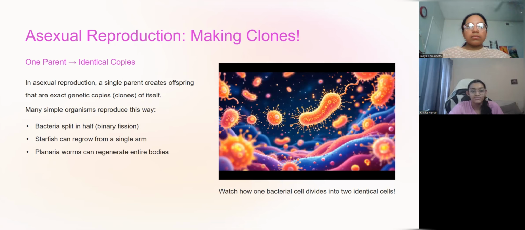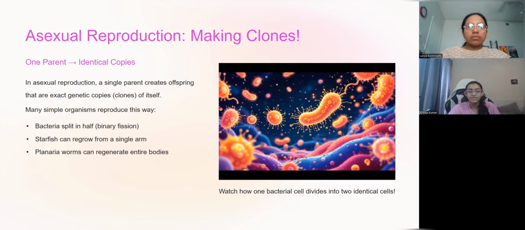For example, a bacteria splits in half, which is called binary fission. A starfish can regrow from a single arm, and planaria worms can regenerate entire bodies. Every single time they regenerate or reproduce, every one of their offspring is basically going to look the same as them. That's what we mean by clones.